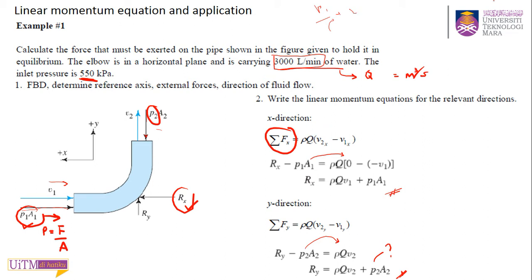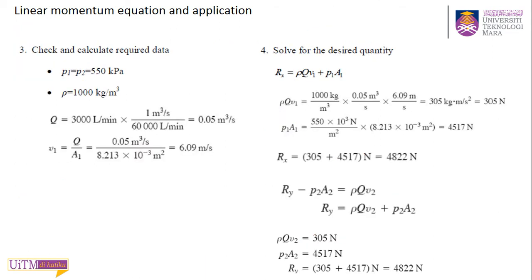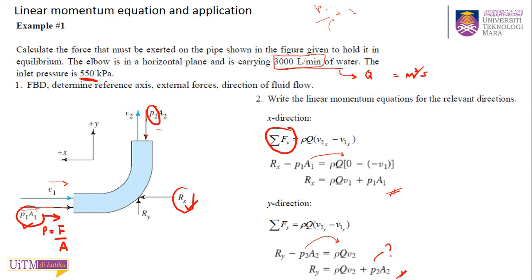Yes, we will use the Bernoulli equation to find the pressure, right? That's why you need to find the P2 first. In this question, P1 over rho g plus Z1 plus V1 squared over 2g equals P2 over rho g, and Z2 plus V2 squared over 2g.